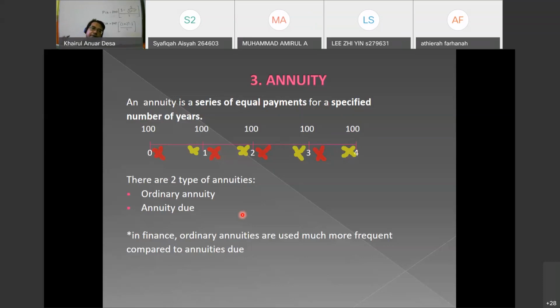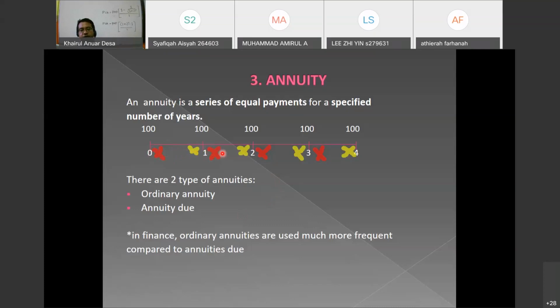Contohnya pinjaman kereta biasanya kita buat before 10 every month. Biasanya sewa rumah, kalau kita yang biasa menyewa, kita akan bayar sewa dulu. We pay the rent first, and then we stay throughout the month.